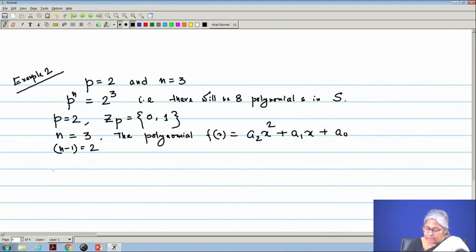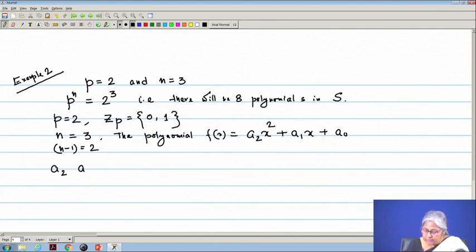Now, I have to take all possibilities of a2, a1, a0.